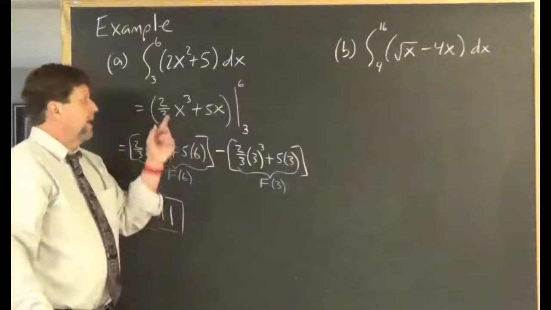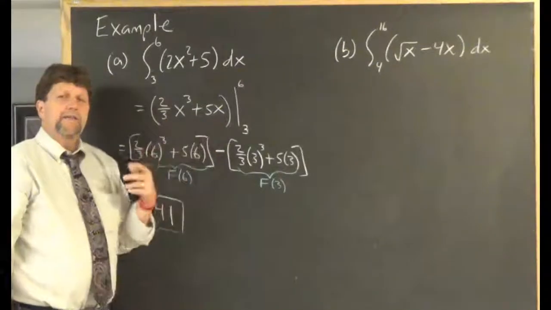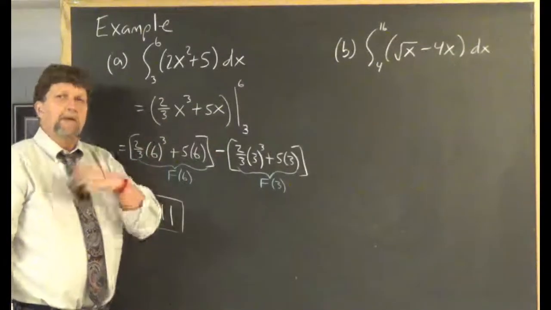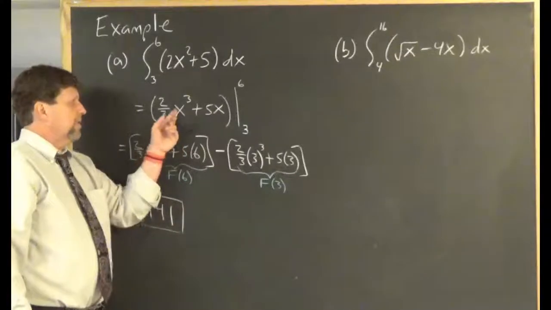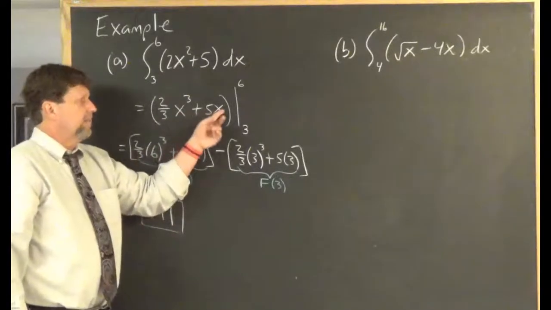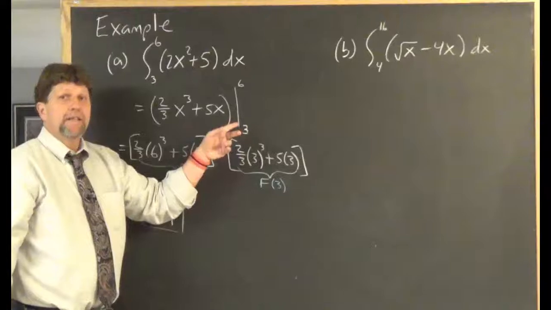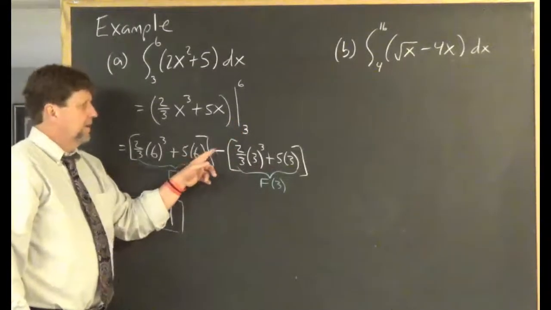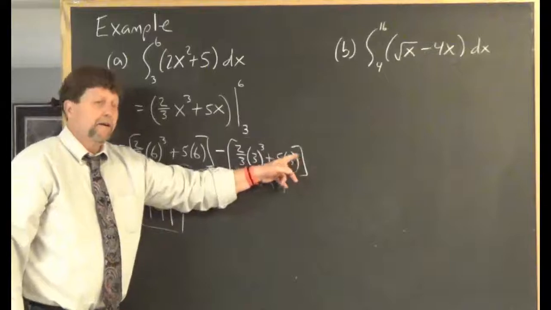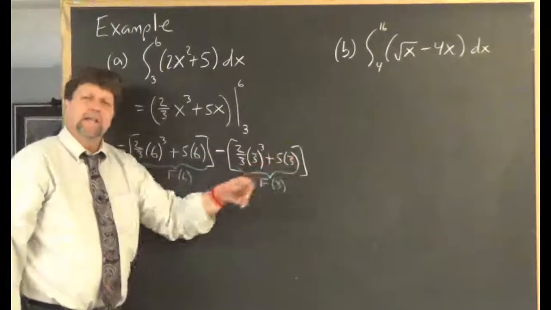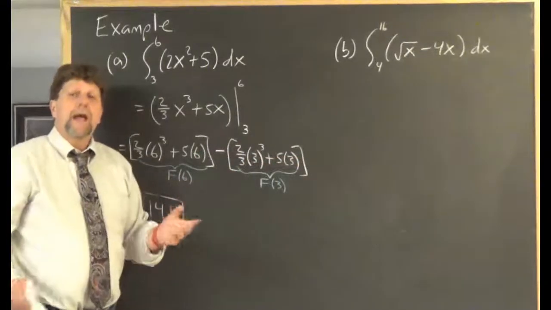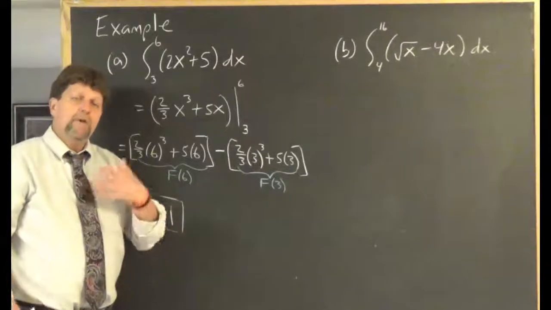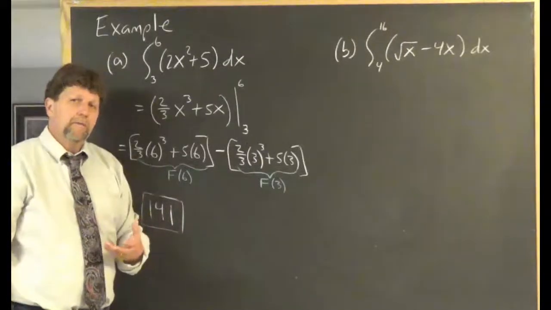Think of it another way. It doesn't matter what antiderivative you have here. You could pick your favorite constant. You could say 2/3 x cubed plus 5x plus 17, if you like the number 17. You'd have a plus 17 here and a plus 17 here. The 17 minus the 17 is 0. That constant's going to cancel out when you evaluate it with the fundamental theorem of calculus.